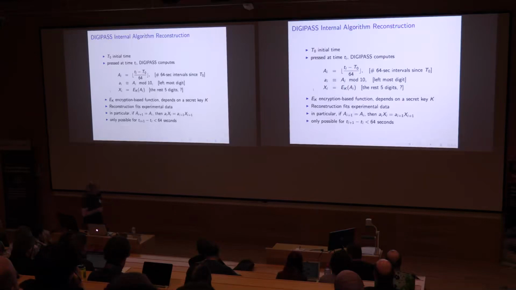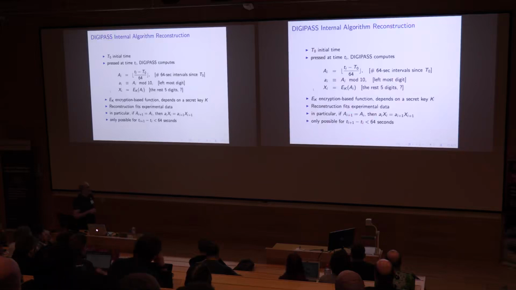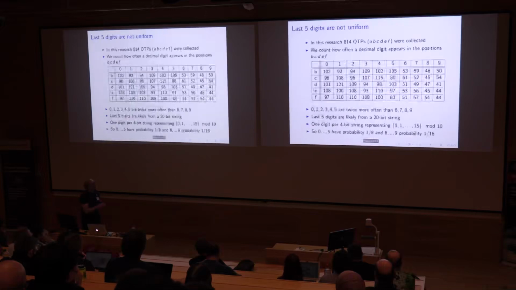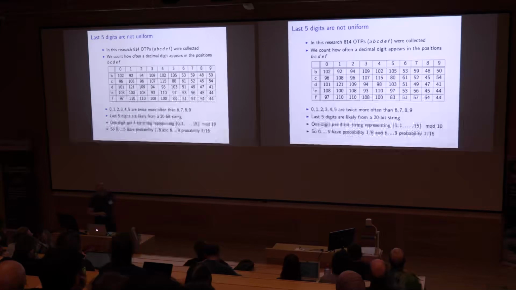And that explains, for instance, a repetition of the whole combination when the distance between 2 consecutive pressings is less than 64 seconds, because it might be that A_i and A_i plus 1 are the same. So in this case, the leftmost digit coincides, but do the remaining 5 digits coincide as well? Okay. Now I looked into the remaining 5 digits and found they are not uniform.